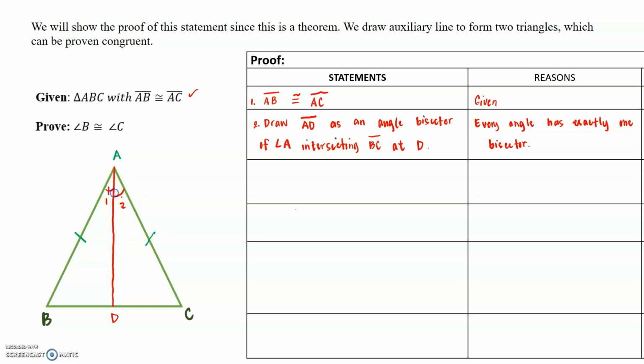So angle 1 is congruent to angle 2. And that will be our third statement. And our reason for that will be definition of an angle bisector.